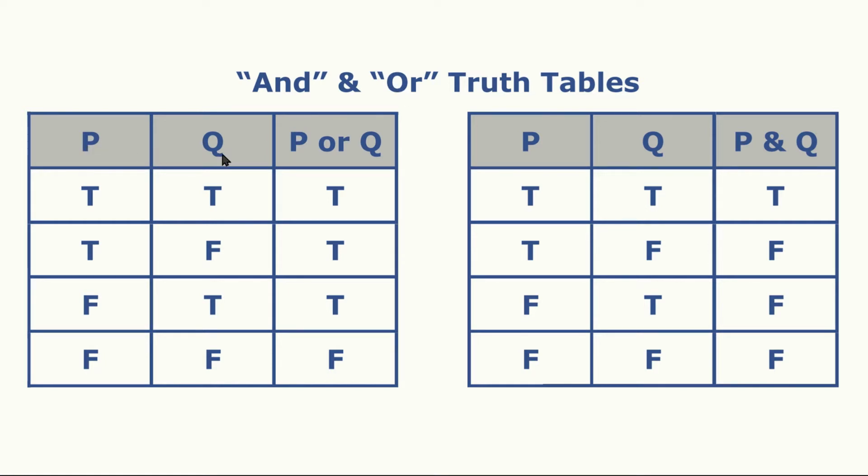If you're dealing with two statements, P and Q, and you want to know the truth or falsehood of the or statement resulting from those two statements, then notice that as long as one of the two statements is true, here both are true, in here P is true but Q is false, and here P is false but Q is true, the statement P or Q is going to be true.